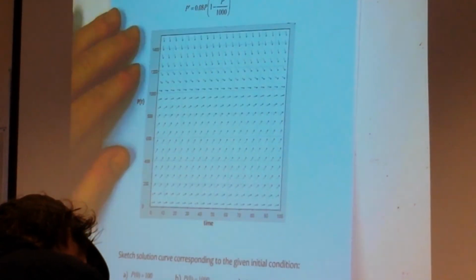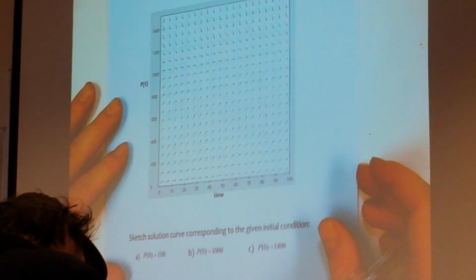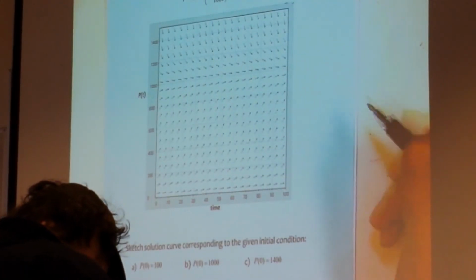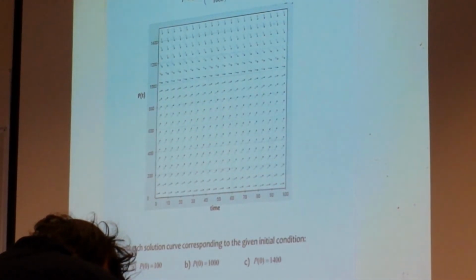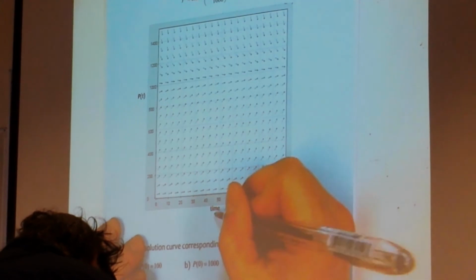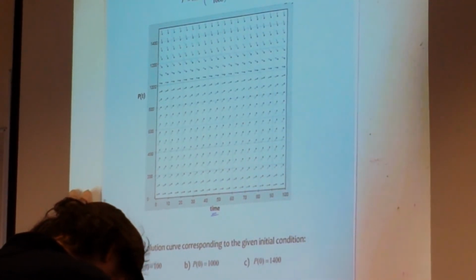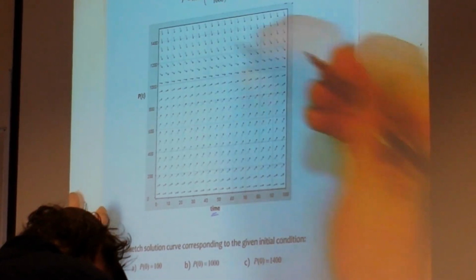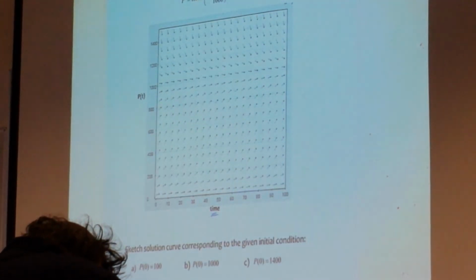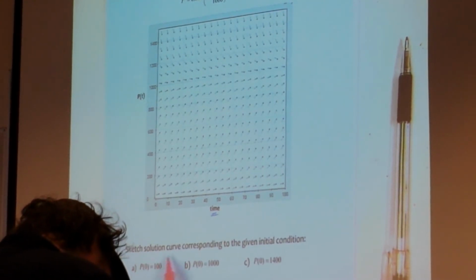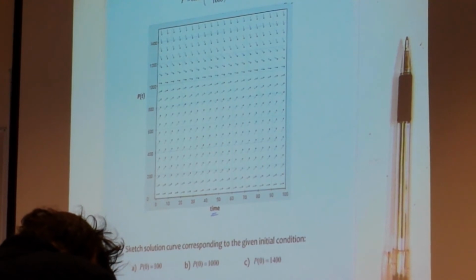But we can fairly easily, as long as the software is cooperating, generate a slope field for it. So time here, whatever it is, hours, years. If you're talking about bacteria, maybe you're talking about hours, and a population. We're just going to sketch the particular solution curve corresponding to each given initial condition.